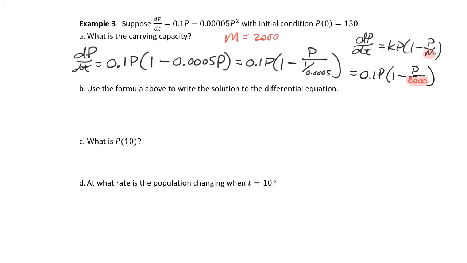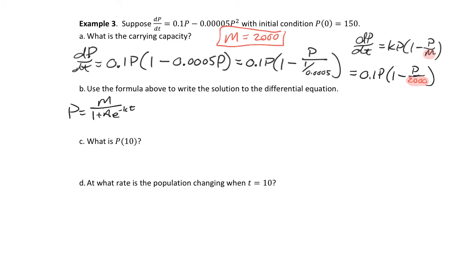Okay, we want to use the formula for the logistic differential equation to write a solution to the differential equation. I remember that the formula is P equals m over 1 plus a e to the negative kt.